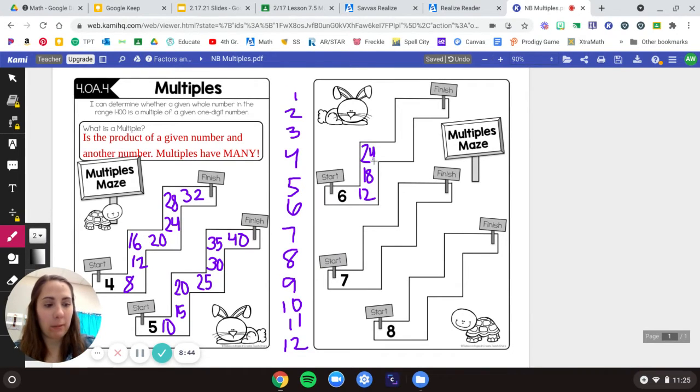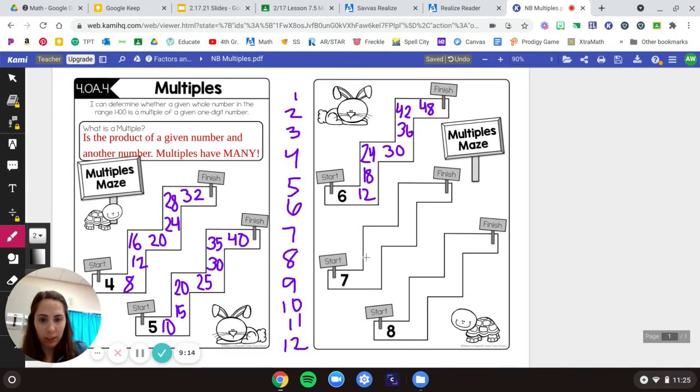And then 6 times 5, we know is 30. 6 times 6 is 36. 6 times 7, we know is 42. And 6 times 8, we know is 48. Perfect.